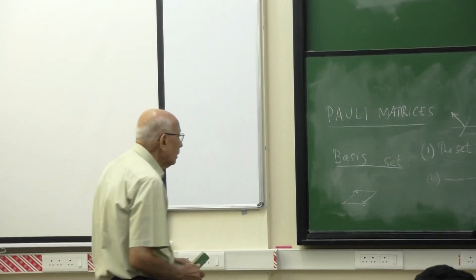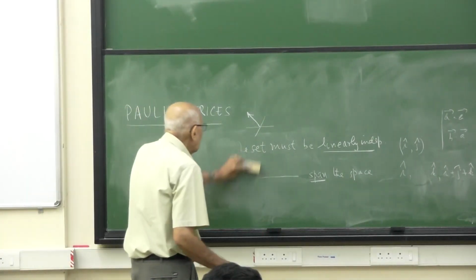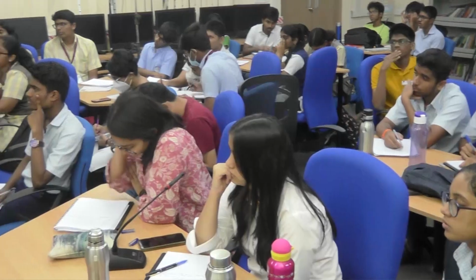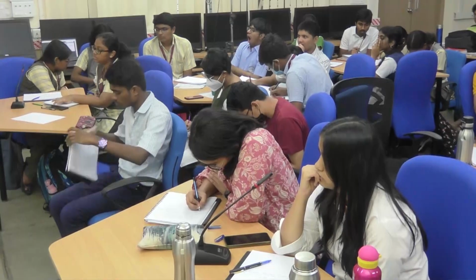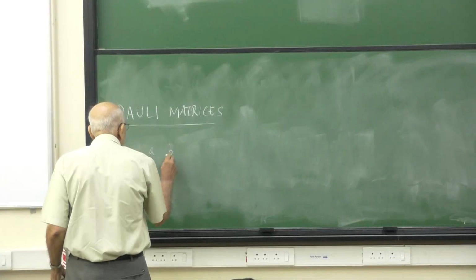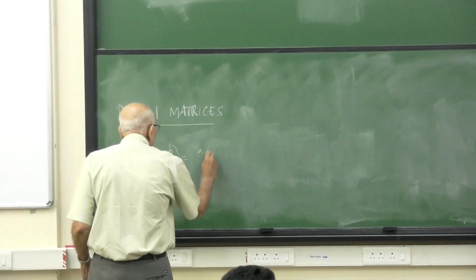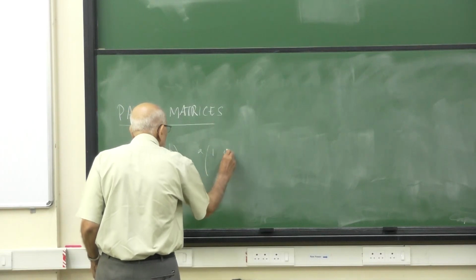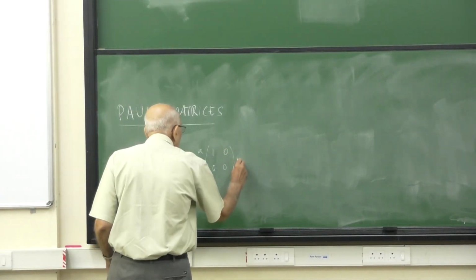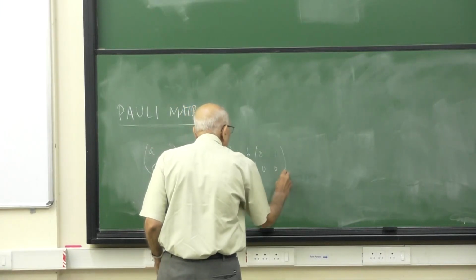Okay. All right. Now that we have understood what a basis set is, let's ask, in the space of 2 by 2 matrices, what kind of basis set we can form. So I said if you took the matrix A, B, C, D, I write it as A times [1 0; 0 0] plus B times [0 1; 0 0], and so on.